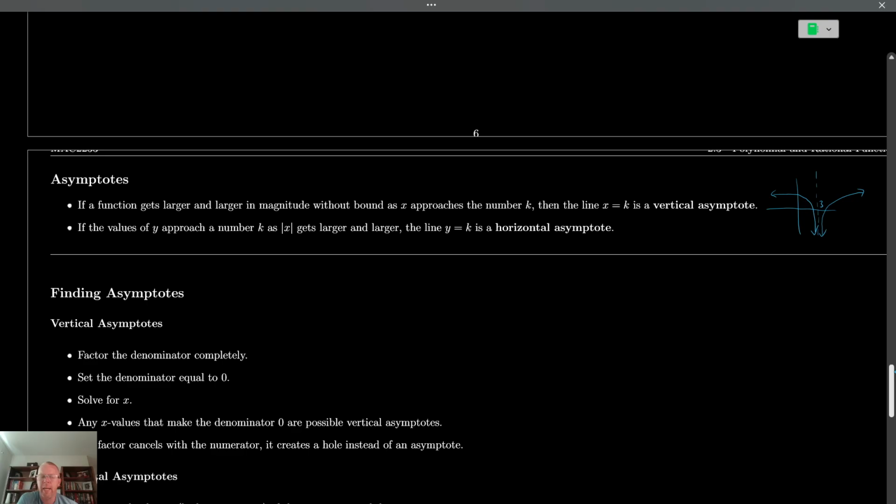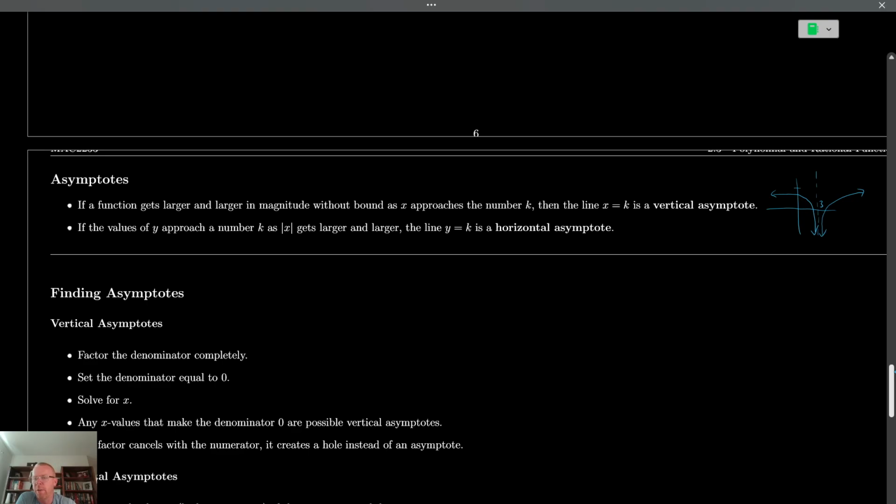Then in the other way, if the values of y approach the number k as the absolute value of x gets larger, so you could say as x goes to positive infinity or as x goes to negative infinity, then the line y equals k is a horizontal asymptote.